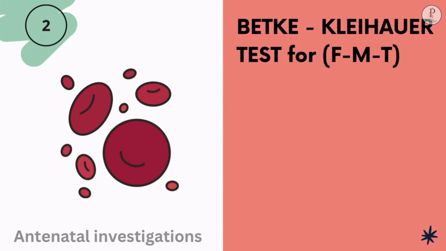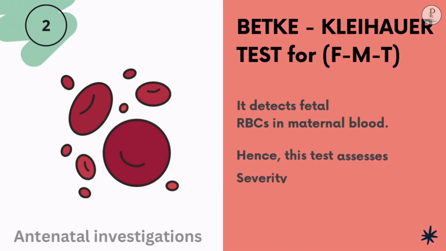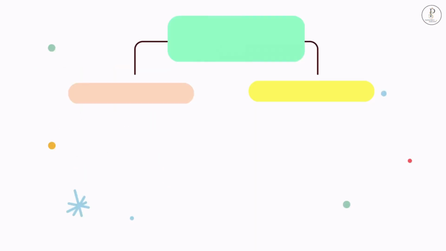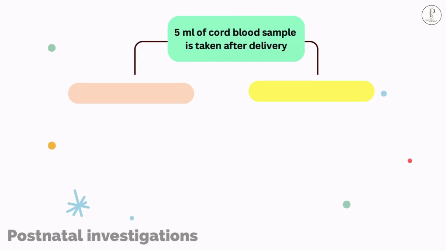Kleihauer-Betke test. This test detects the amount of fetal RBC in maternal blood. Hence, it assesses severity of feto-maternal hemorrhage. For postnatal investigation, 5 ml of cord blood is taken after delivery for sampling, out of which 2 ml is oxalated blood and 3 ml is clotted blood.